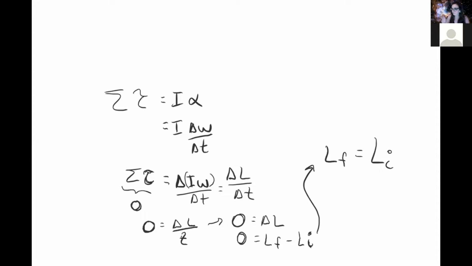It's happening when a skater spins. When she holds her arms out, she's moving at some angular speed. She brings her arms in, she changes her moment of inertia, but the angular momentum has to remain constant. So when she decreases her moment of inertia by bringing her arms in, she ends up spinning faster. So her final angular speed is faster.